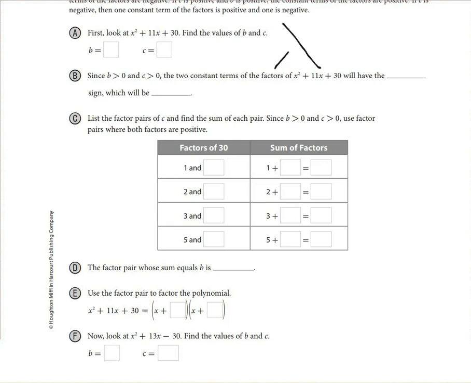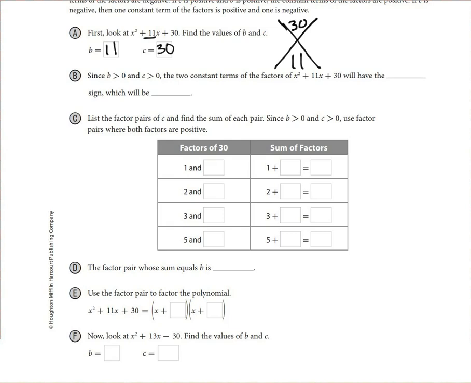And we want to put the last number, which is the value of c, which is a 30, on the top section of the x, and the b value, which is the middle coefficient, on the bottom. And what we'll need to find is two numbers that multiply to that top number, the 30, but those same two numbers need to add to the bottom number.